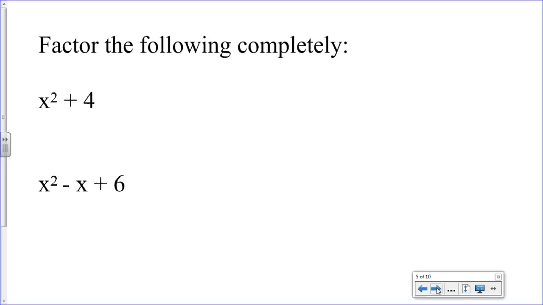So I'm checking difference of squares. Are these perfect squares? Yes. Am I subtracting? No. There is not a way right now, we'll learn eventually, a way to factor a sum of squares. Sum of squares is not a special rule. So I will say that's prime.